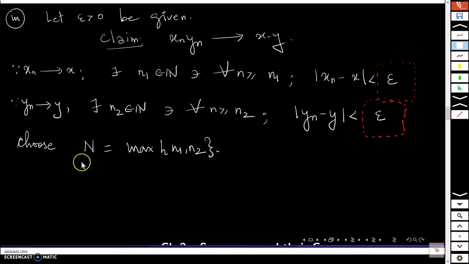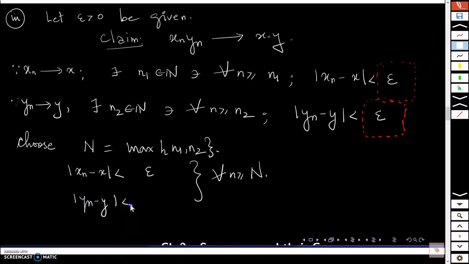Then for this capital N, both the conditions are going to work, right? So for all n bigger than or equal to this natural number capital N, xn minus x will be less than epsilon. Again, I'm not sure about this quantity. And yn minus y will be less than epsilon. Again, I'm not very sure about this quantity. So let's keep them on hold for now.